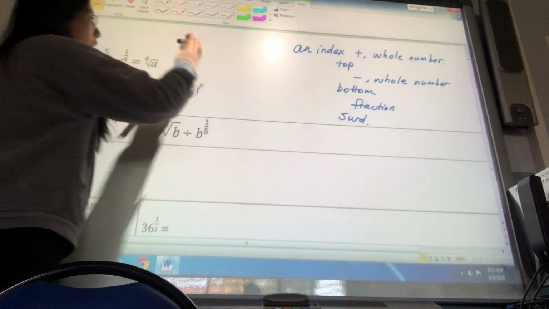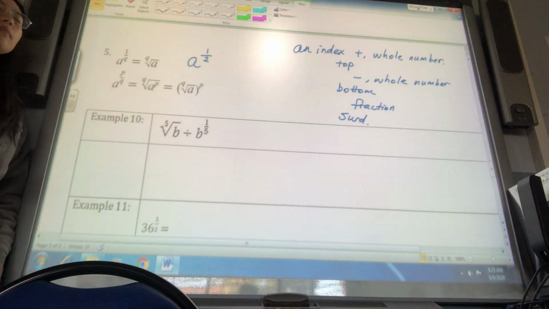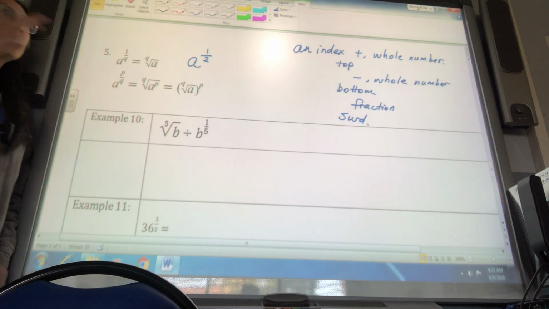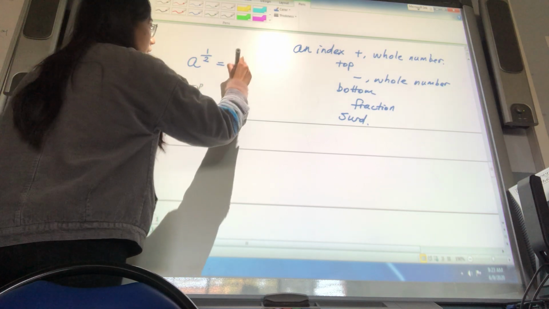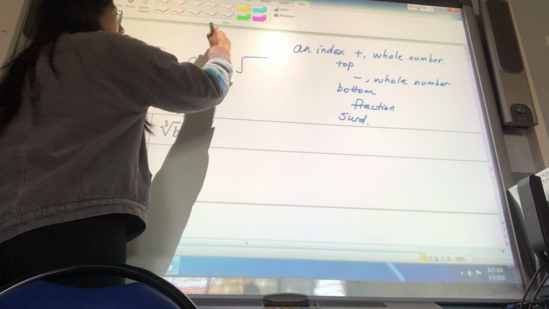So if you have a to the power of 1 over 2, first of all, the fraction means it's a surd. What stays inside with a? So you have the surd sign. What stays inside with a? 1. Whatever that's on the top, it stays inside.